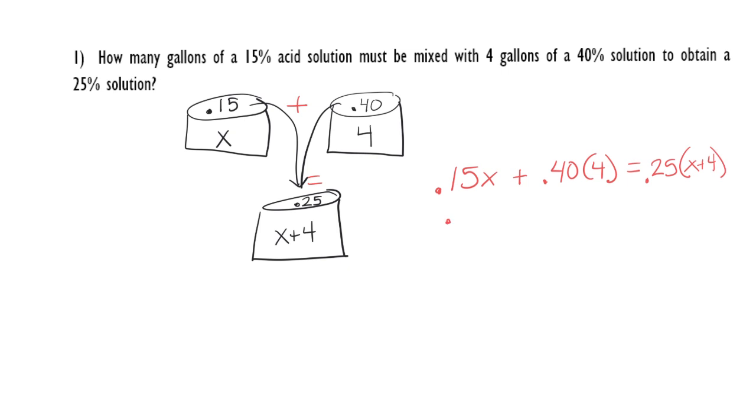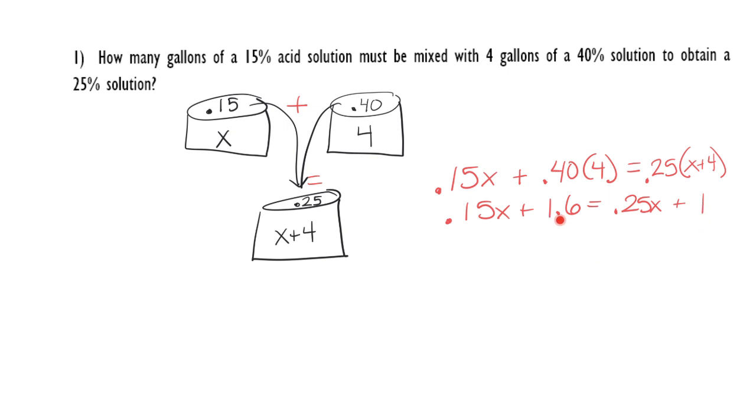All right, so now I'm just going to work through the algebra on this. This is going to be a 1.6, distribute the 0.25, and that ends up just being a 1. I totally made up the numbers on this, so my numbers might not come out great. Yours might not come out great. That's okay. All right, so the next thing I'm going to do then is get my x's on the same side. So I'm going to take my x's over to here.